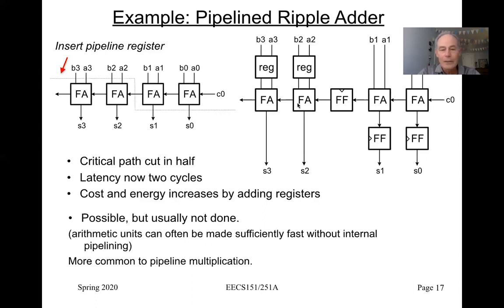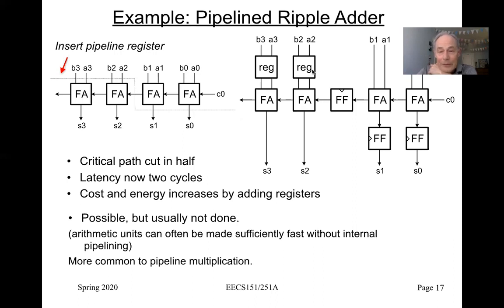And it ends up looking as drawn here on the right side of the slide, where you can see we put a register on all these input values here, put a pipeline register on the carry between those two stages, and then put a pipeline register on the outputs.